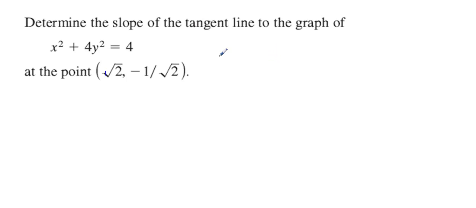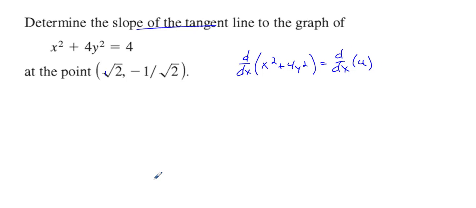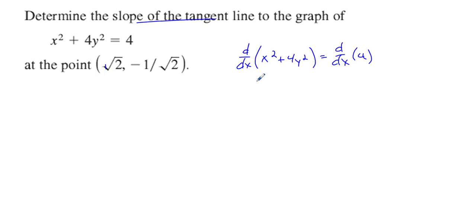Let's find the derivative, because the slope of the tangent line is the derivative evaluated at x, y. So let's take d/dx of both sides. Step 1. This would be proper work showing right now. Now we find the derivative. We just have to be careful of the variable we're differentiating with respect to.